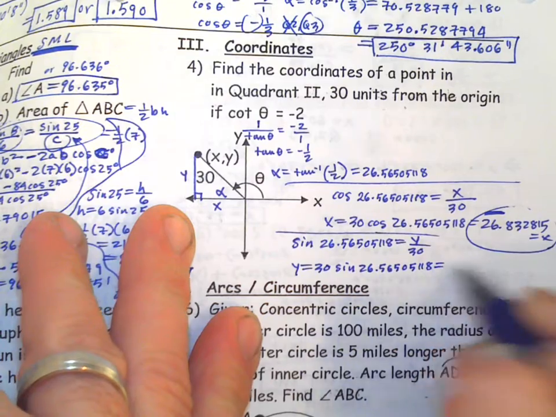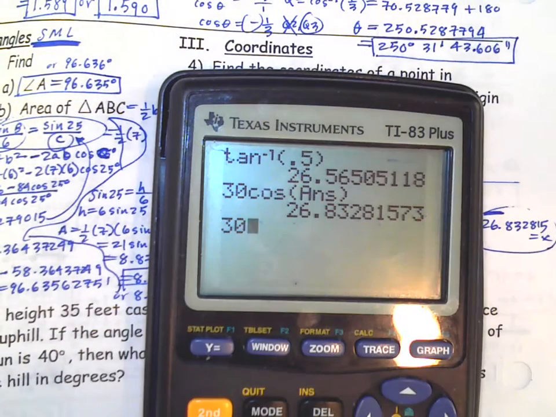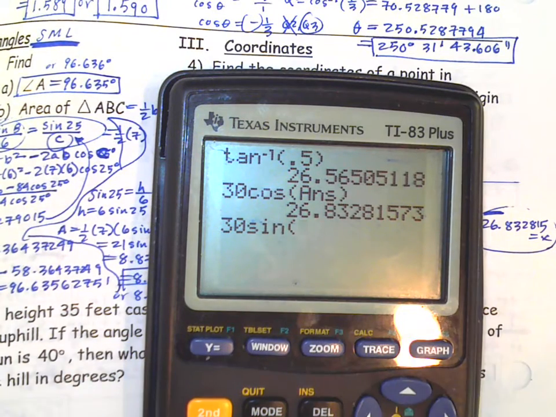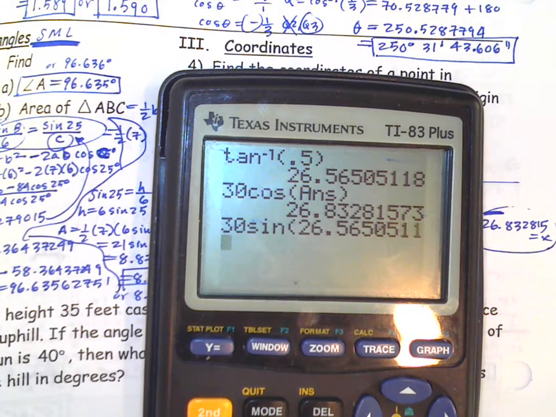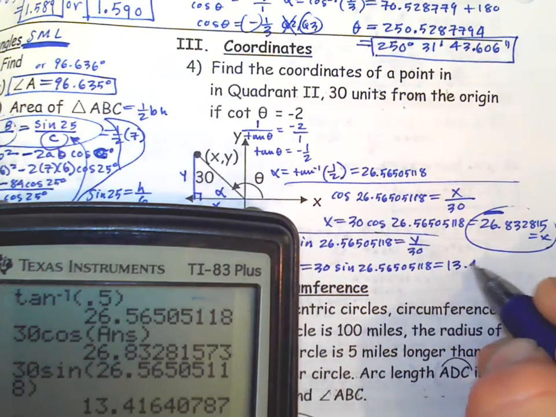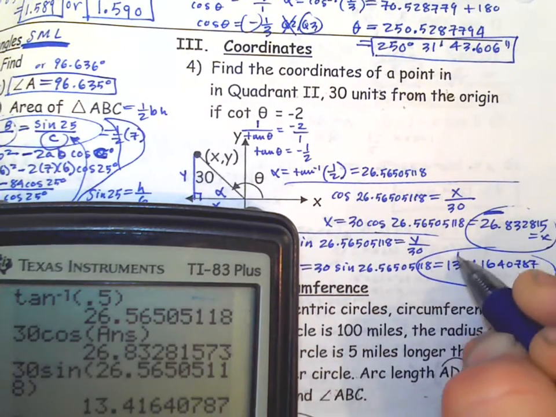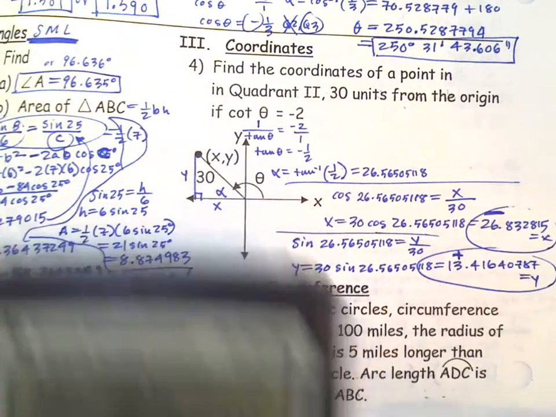On my calculator, 30 sine. Now the one thing about this is I actually would have to type it in now. 26.56505118 is 13.416407787 is your y value, and that should be positive because you can just see it's in the second quadrant.